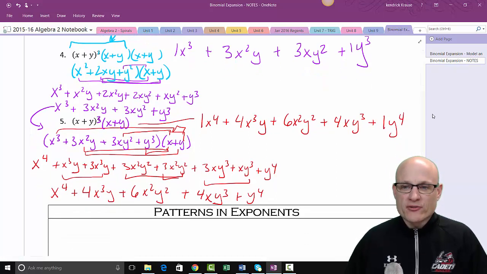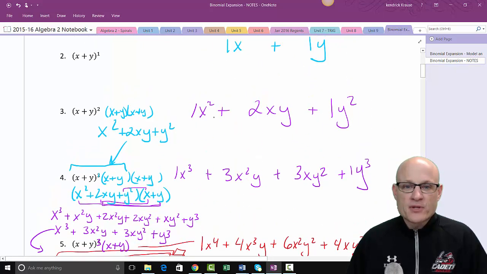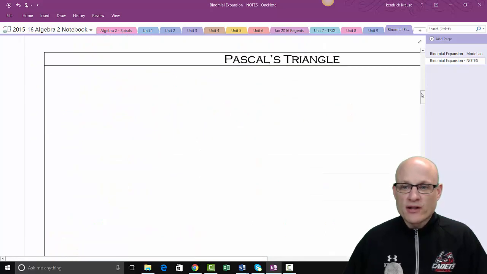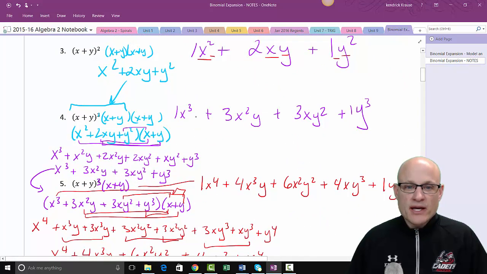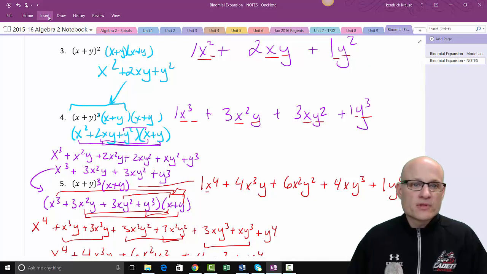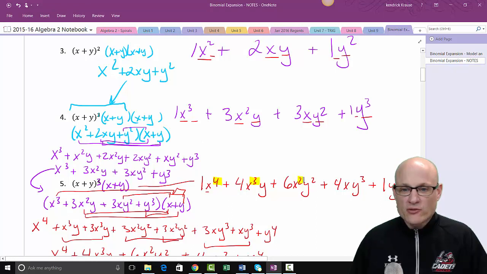Well, I hope you notice the patterns in the exponents. You'll notice that the x is going from squared to 1 to none, and the y is going from none to 1 to 2. Or if I look at it here, my x cubed, x squared, x, no y, 1y, y squared, y cubed, or x to the fourth, x cubed, x squared, 1x, and no x.